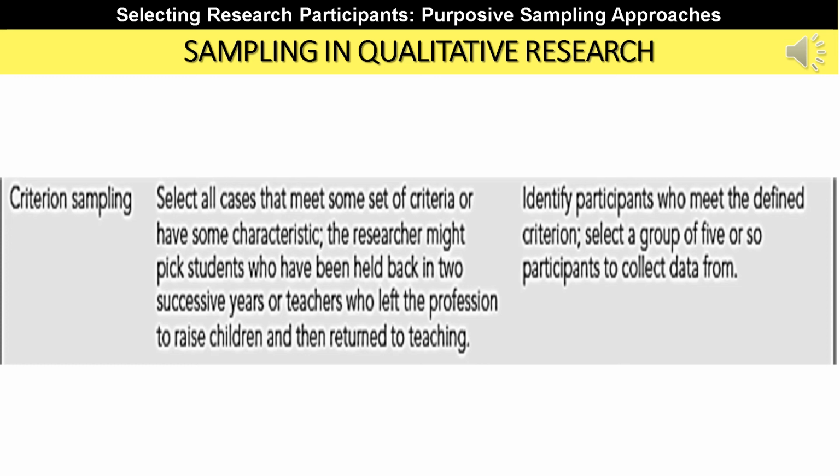At also, researcher siya. So, dapat ma-obtain niya lahat ng criteria na yun para maging participant siya. Yun yung tinatawag nating criterion sampling. And mas mahirap to compared dun sa other sampling in qualitative.